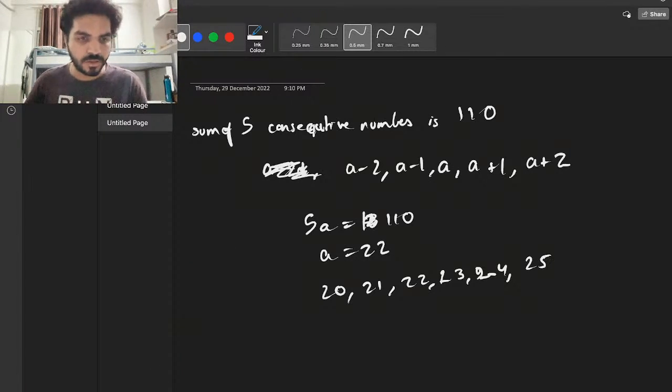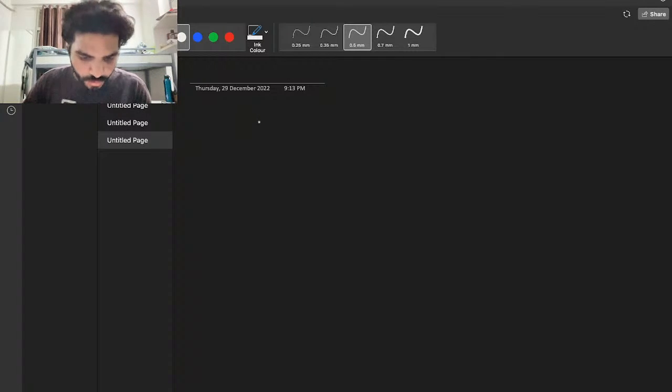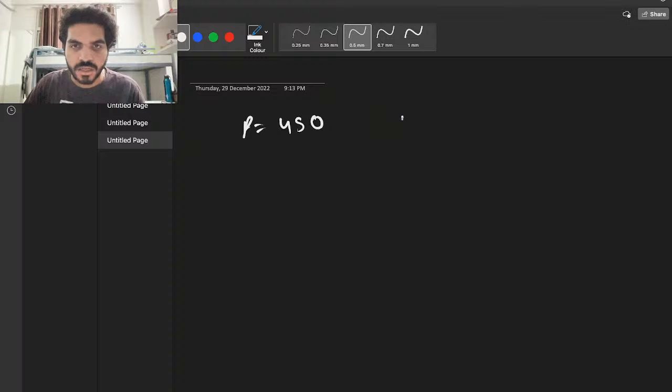Now one profit and loss question. How much time will it take for an amount of 450 to yield 81 as interest at 4.5%?